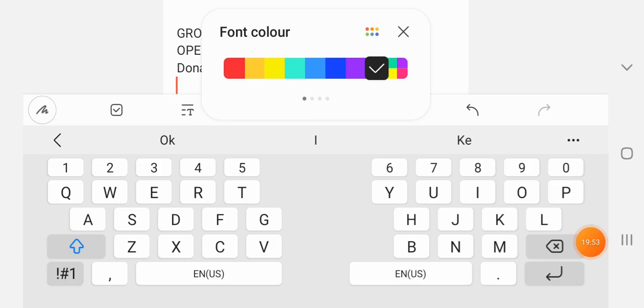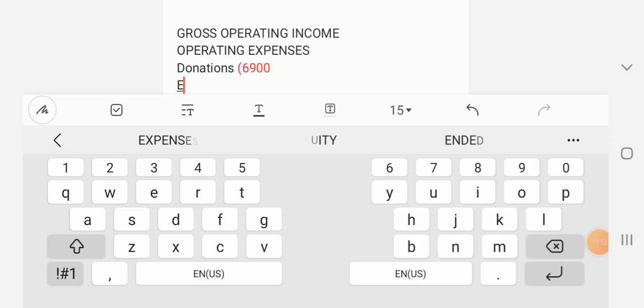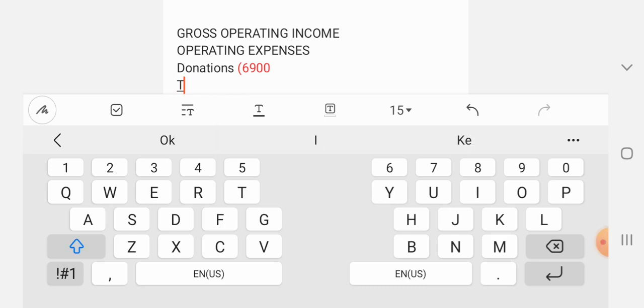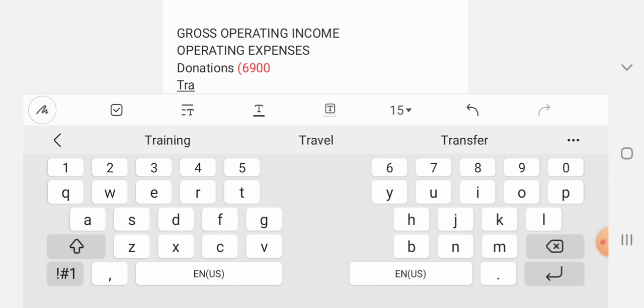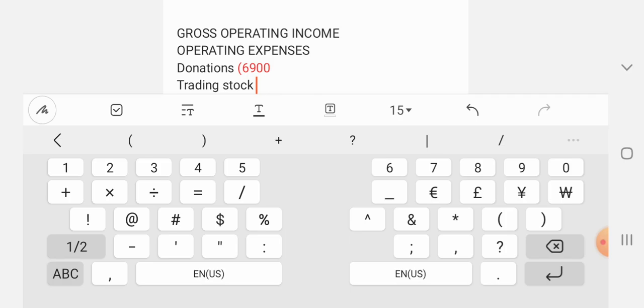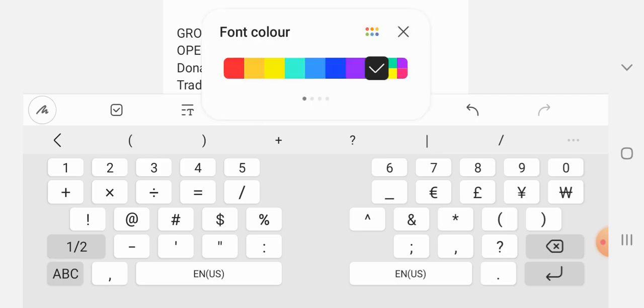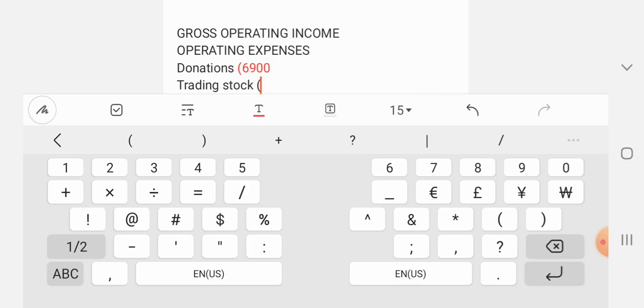Yes. In your expenses, you will write operating expenses, trading stock, and then you open a bracket, and then we'll write that calculation.